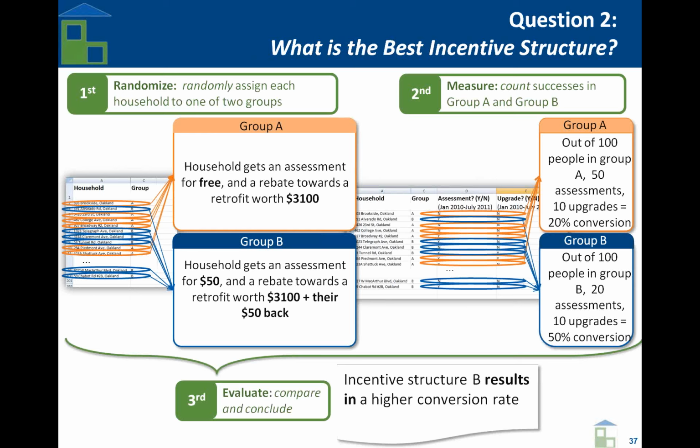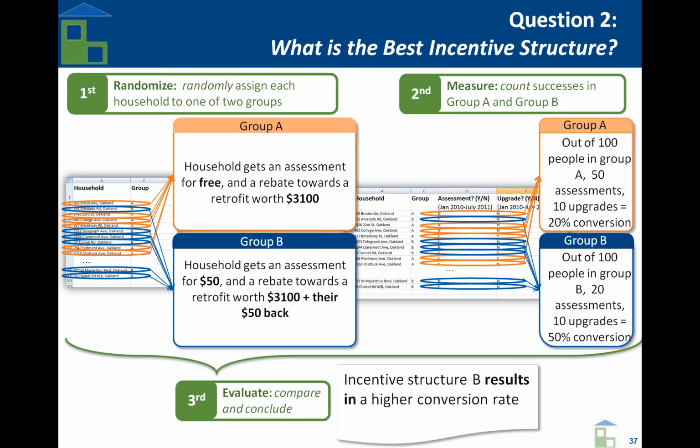So you might want to test whether it's better to give people the assessment for free, or whether it's better to charge people some small amount, like $50, that just sort of weeds out the people who just want the assessment for free and never intended to get an upgrade. Okay, so again, you could randomly assign people to 2 groups, A and B, give each group a different incentive structure, and then count the number of assessments and upgrades in each group.